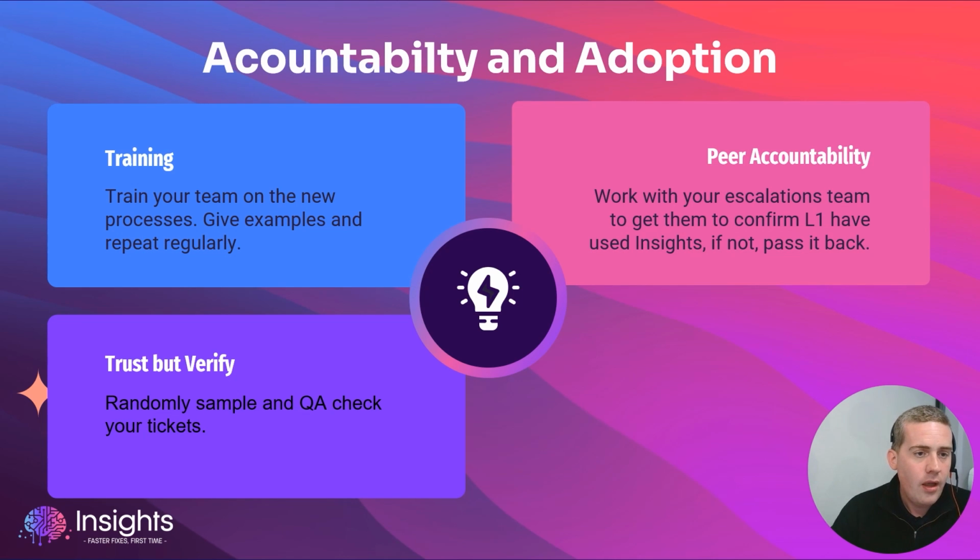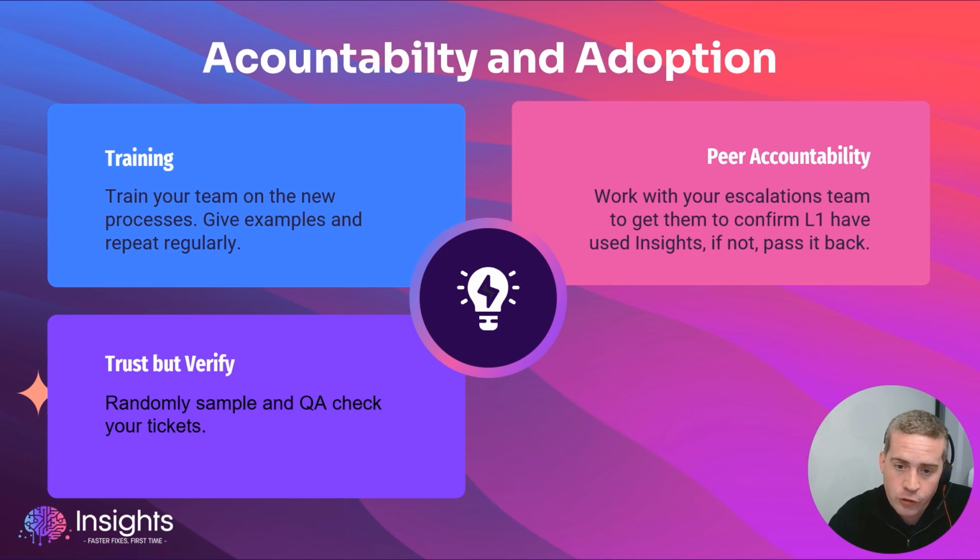Perfect. The next one is the trust and verify method. It's trusting your engineers are doing what you've trained them to do, and your escalated engineers are holding the level 1s to a certain level of accountability when passing tickets up to them. But it's also then the team lead, the manager of that department, whoever is appropriate, running random sample QA checks on those tickets, making sure they're actually being done.